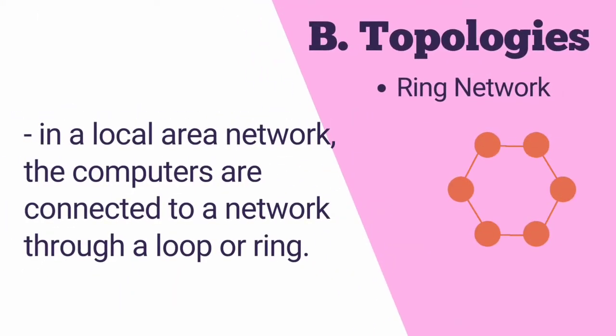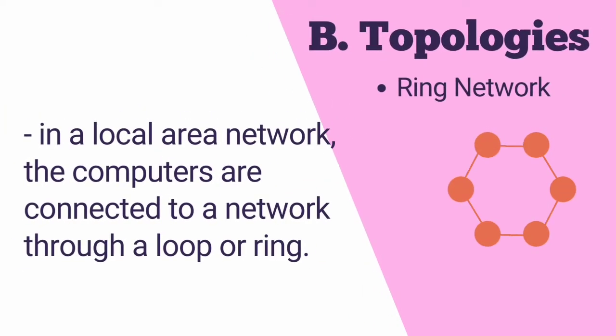Next classification of network is topologies. Network topology refers to how the computers in a network are linked physically. So first one, we have the ring network. As you can see on your screen, we have the diagram like a ring. That is what we call ring network.